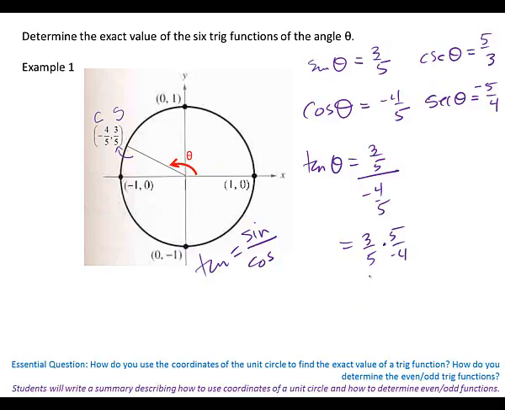What happens with the 5s? They cancel, so my tangent is negative 3 over 4. What do we easily get from tangent? Cotangent. And so what would our cotangent be? Negative 4 over 3.